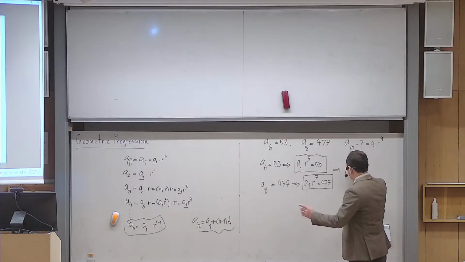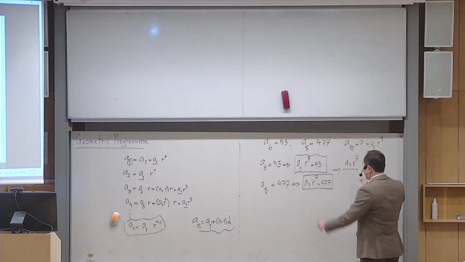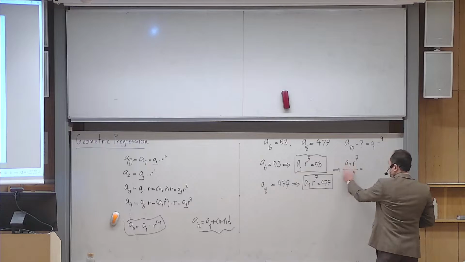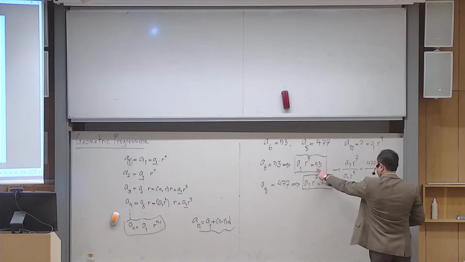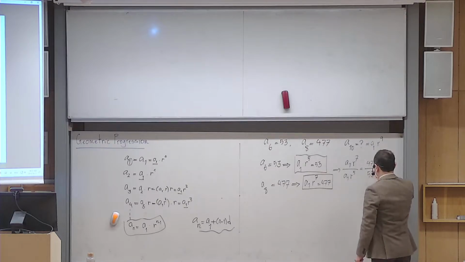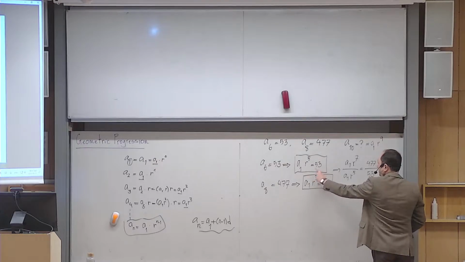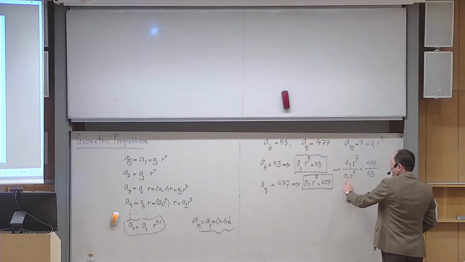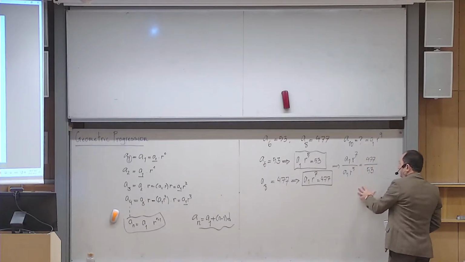So what I do, I will take A1 R to the 7, and I divide it by A1 R to the 5. And then on the right-hand side, this is 477, and this is 53. So is that understandable? So when I divide this number by that number, it becomes 477 divided by 53.